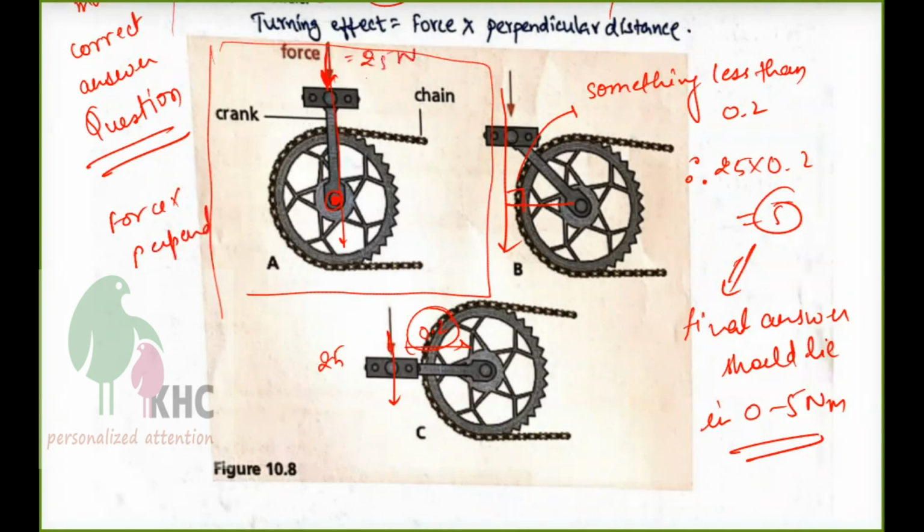The length of the crank has been provided to you as 0.2 meters. But now, what is the perpendicular distance? The force is being applied on the pedal. These arrows have been given to you for that case.